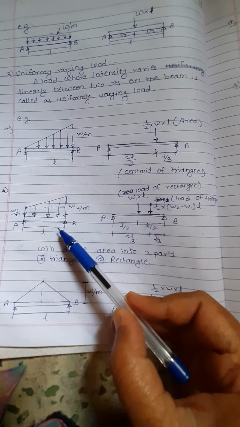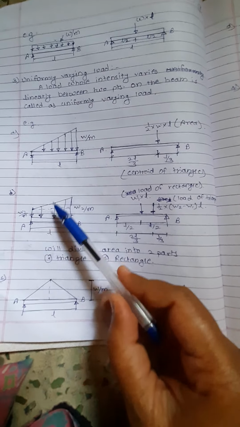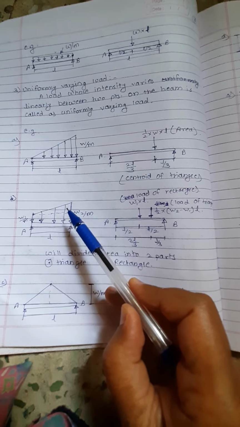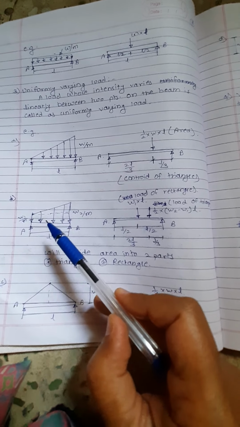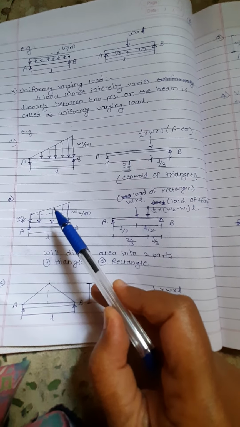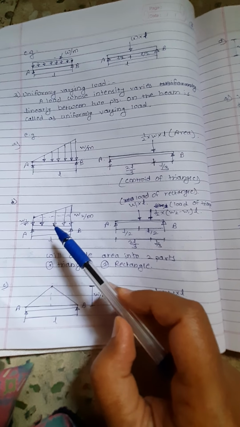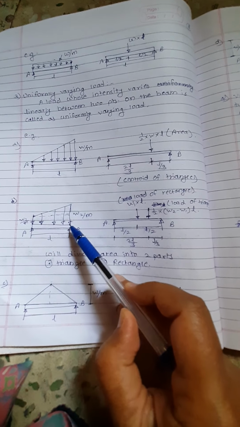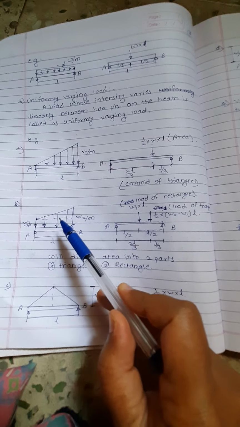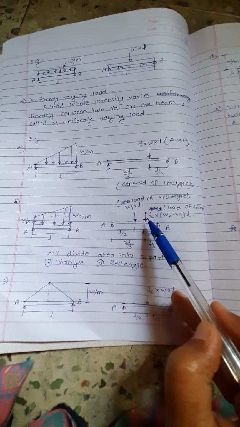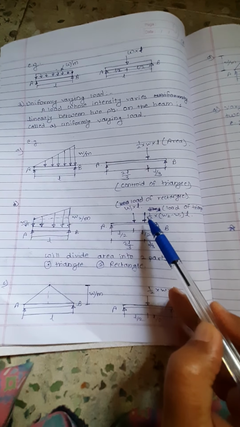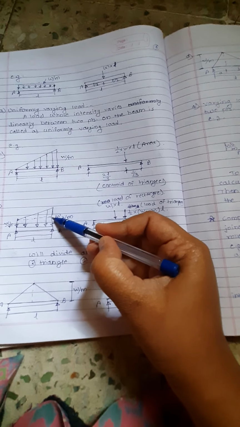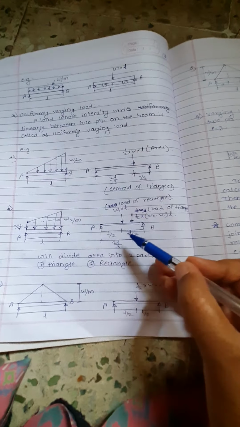Then the next is, if the uniformly varying load is given like this, in that case we have to divide this area into two parts, a rectangle and a triangle. For the rectangle, the reaction will act exactly at the center and its magnitude will be W1 into L. And for the triangle, the magnitude of the point load will be 1 by 2, that is the area of the triangle, 1 by 2 into this length L, and this distance W2 minus W1.